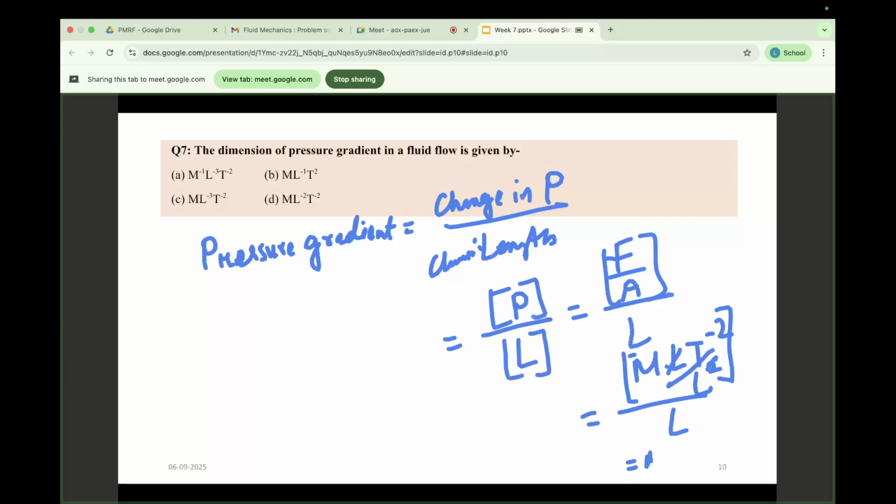Ultimately you will get M L to the power minus 2 T to the power minus 2. So the correct answer is option D. Good, you have answered it correctly. In this way, please follow this approach so you will be able to answer this type of question quite easily.